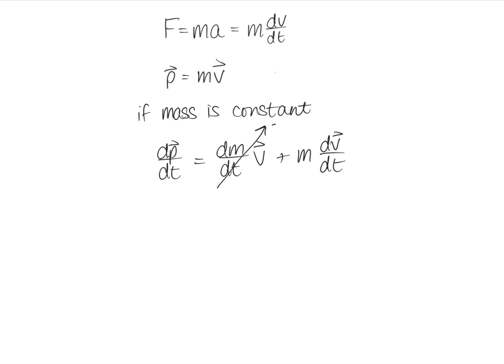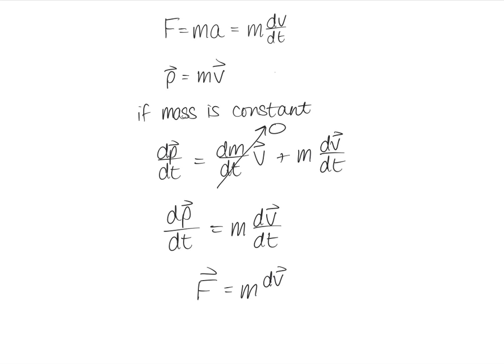But of course, if mass is constant, this first term goes away, and so we see that for a constant mass, the derivative of momentum with respect to time is equal to the mass times the acceleration. This gives us a new way to write Newton's second law as the derivative of momentum with respect to time is equal to the force.